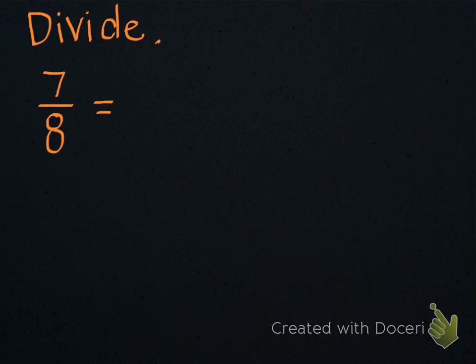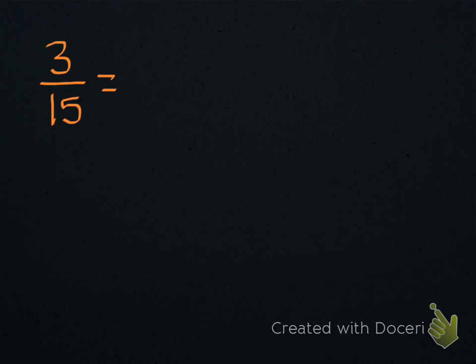Another way that you can do fractions is thinking of how to divide them. We're not going to cover that today, but in your coming lesson, I'm going to do some things like this. So for today, I want you to think back to trying to find the place value, and I'm going to give you a few to try. All right, so here's where your piece of paper and pencil come in.